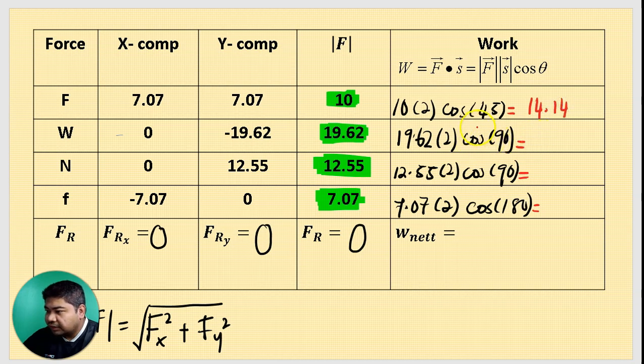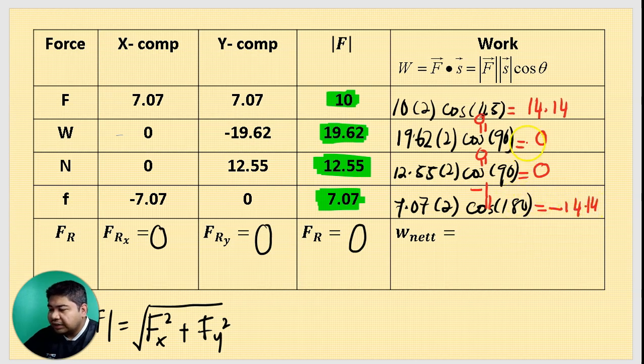Here cos of 90 is 0, so the whole thing is going to be 0 and 0. And for this one, cos of 180 is equal to negative 1. So 7.07 times 2 is 14.14 times negative 1, you are going to get negative 14.14.